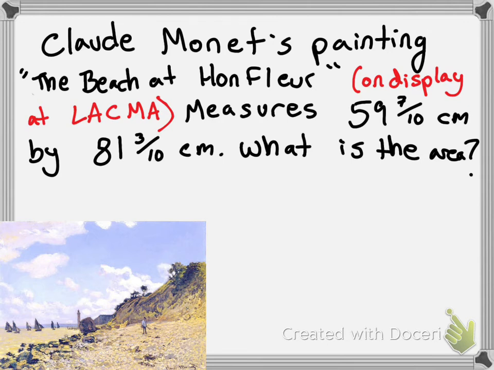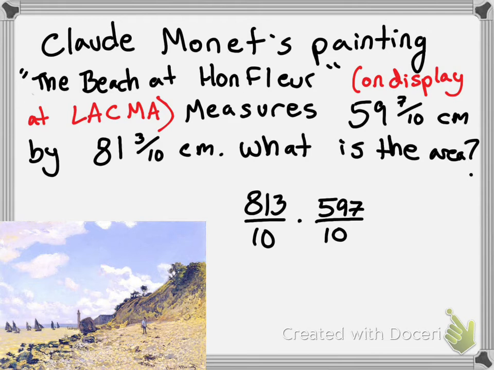Let's look at this one. Claude Monet's painting, The Beach en Fleur, on display at LACMA, by the way, measures 59 and 7/10 centimeters by 81 and 3/10 centimeters. What is the area? With area, we are multiplying length times width. To make things speedy, we're going to get 813 over 10 times 597 over 10.